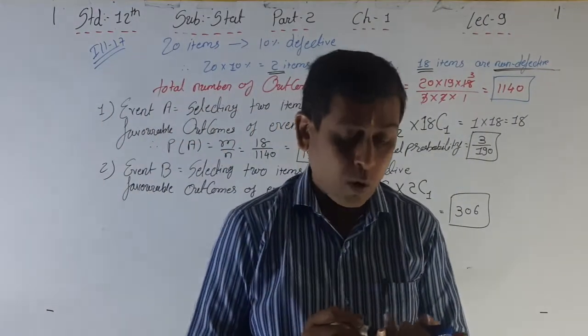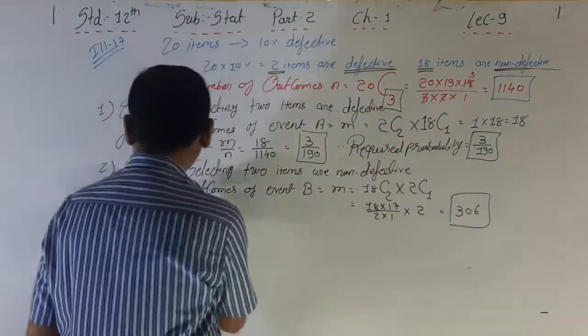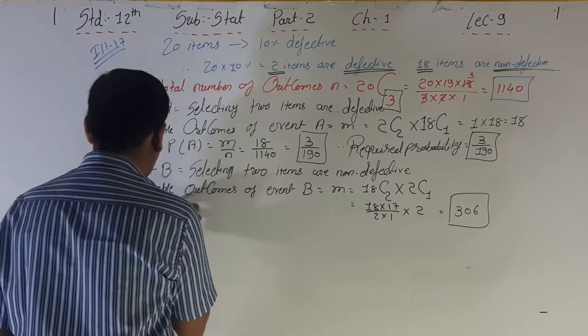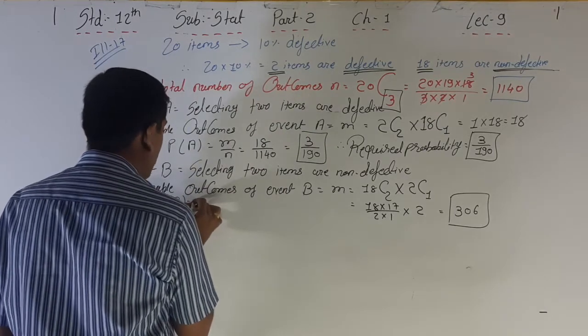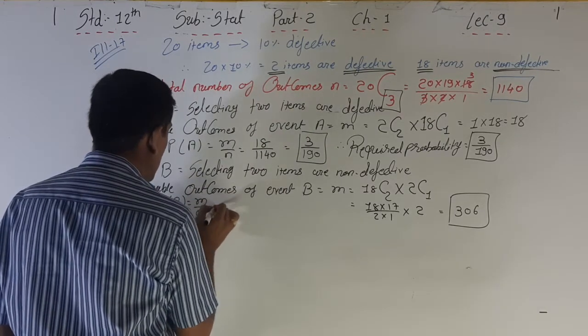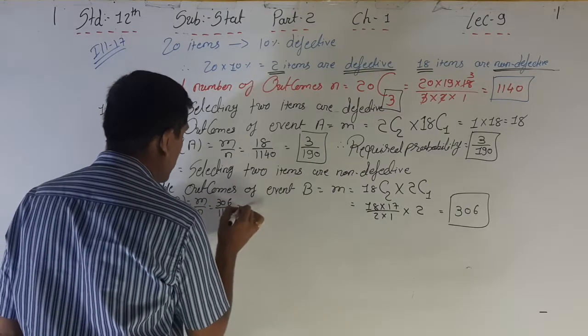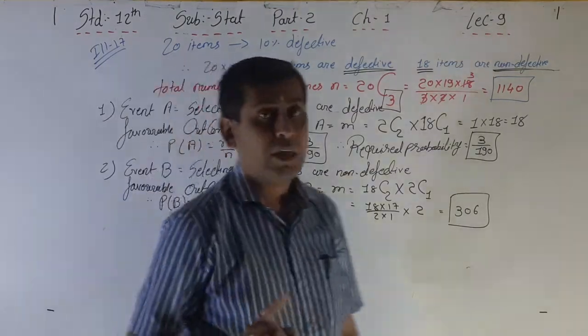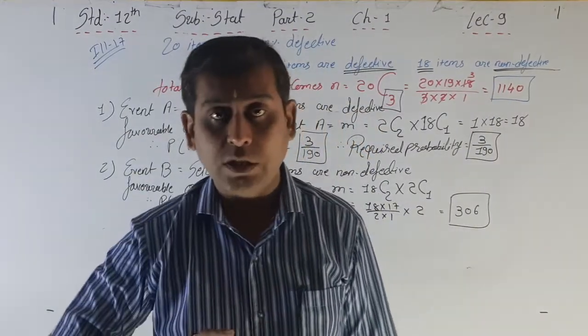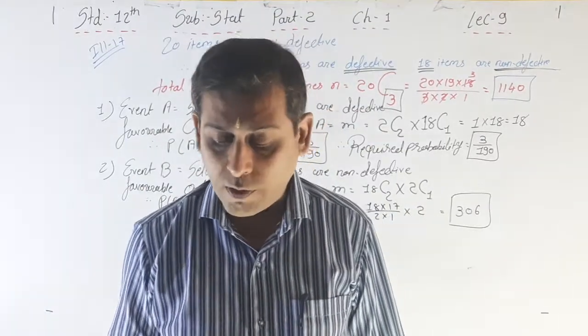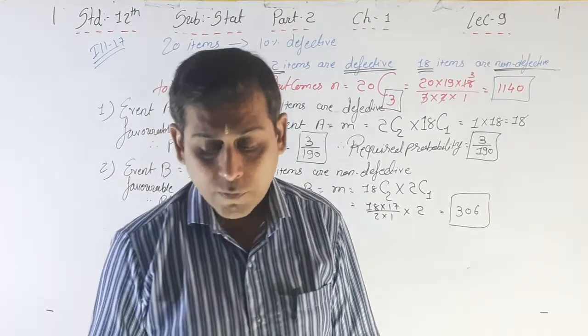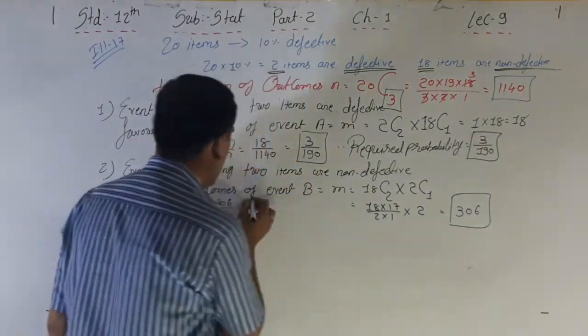Okay, and now what is the final probability? Here we have to write P of B is equal to M upon N, is equal to 306 by 1140. Here 306 divided by 6 is 51, and 1140 divided by 6 is 190, so 51 by 190 is the required probability.